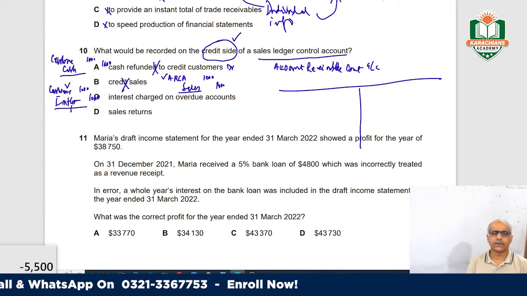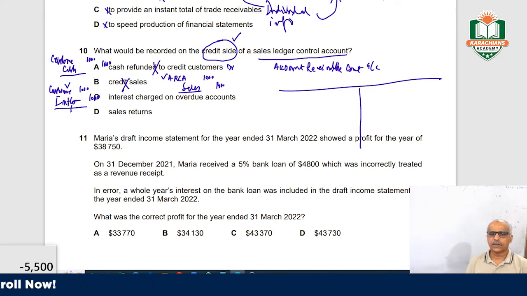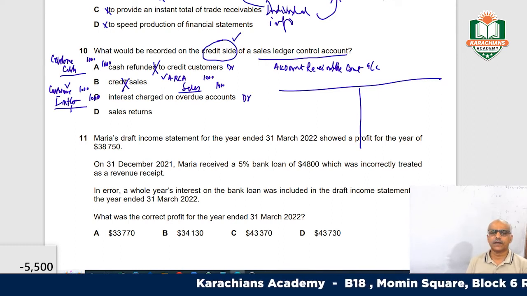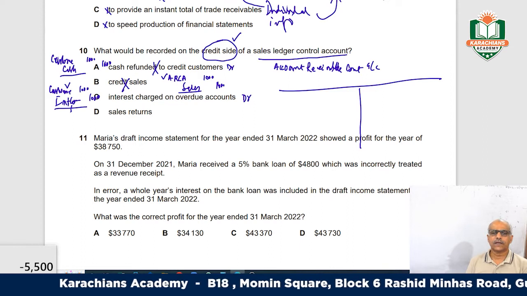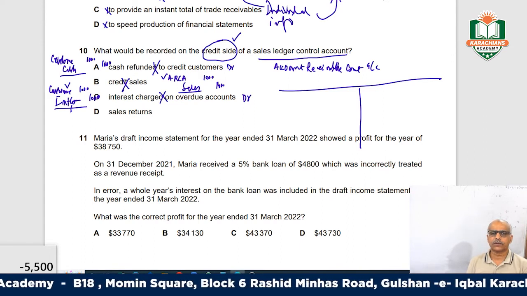So customer account is debited. So again, this will be appearing in the account receivable control account. This entry will be a debit on the debit side, not the credit side. So this is also not.